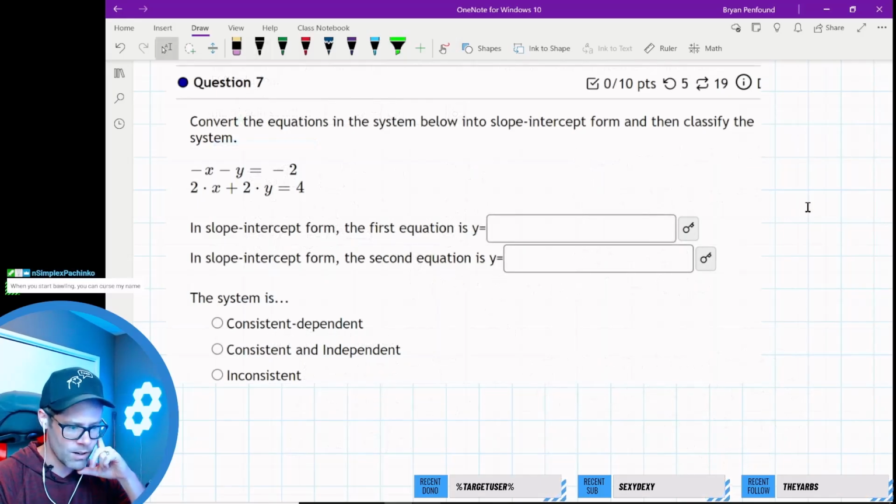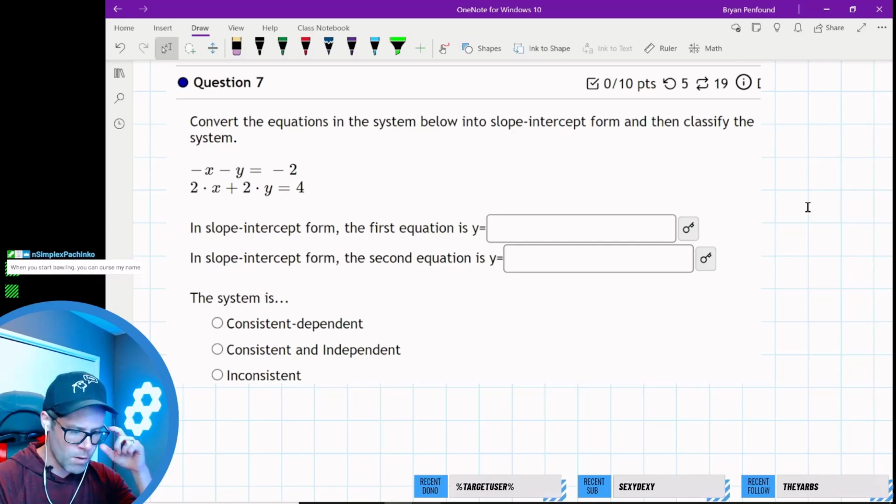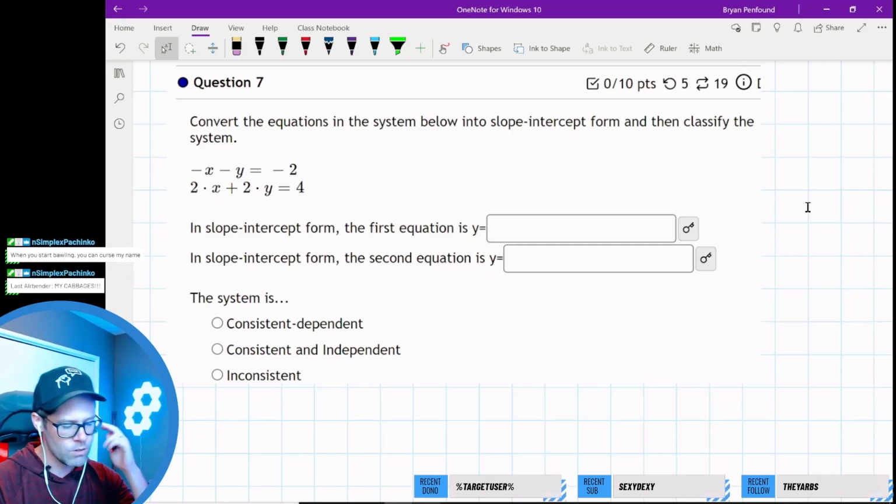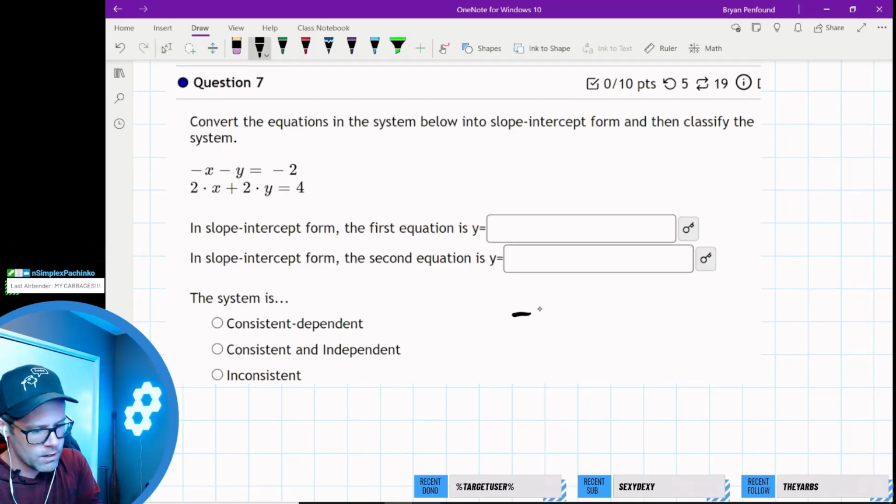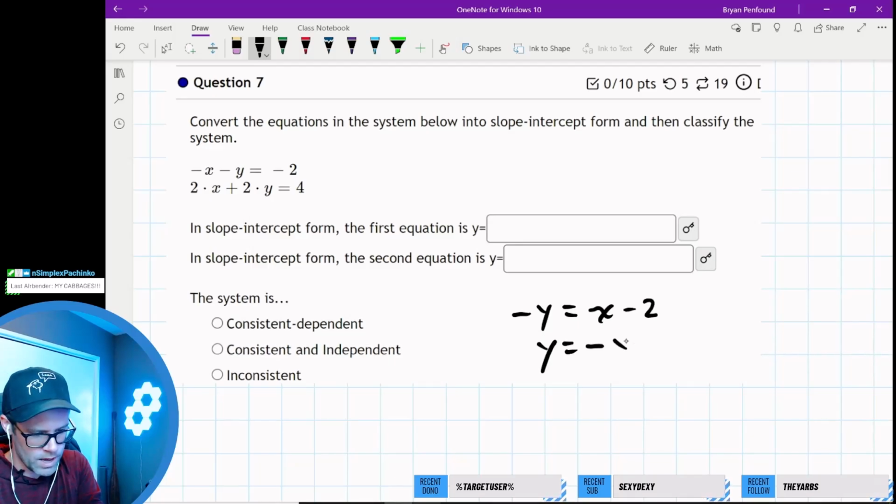Convert these equations in the system below to slope-intercept form, and then classify the system. What? Okay. Slope-intercept form of the first equation is going to be negative y is equal to x minus 2. So y is equal to negative x plus 2.